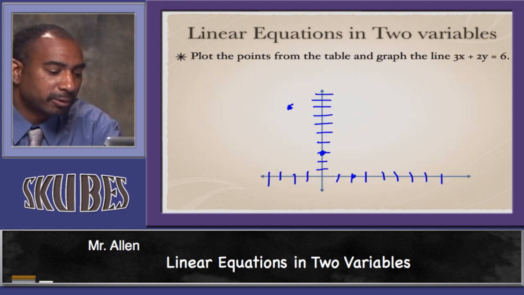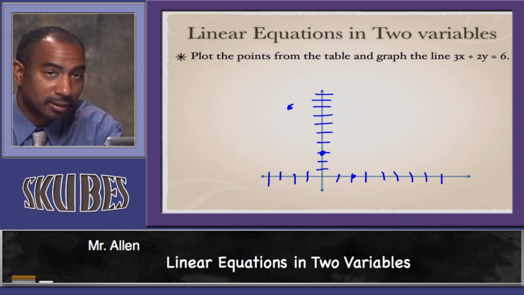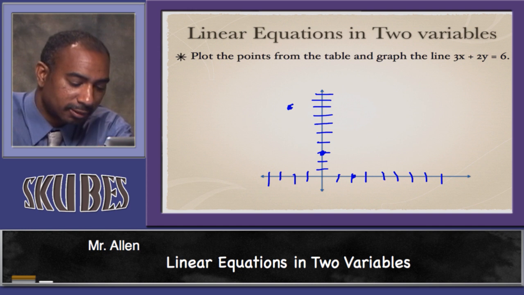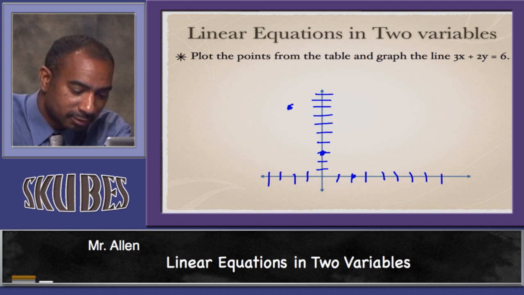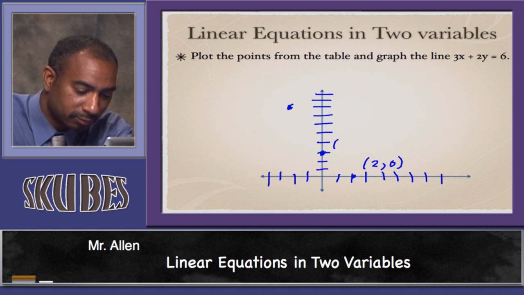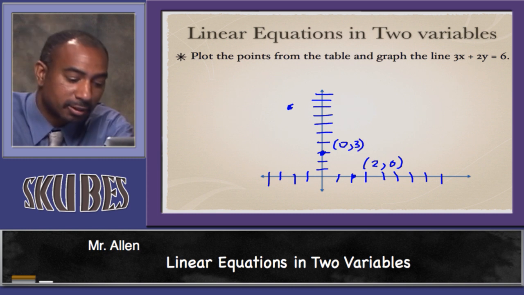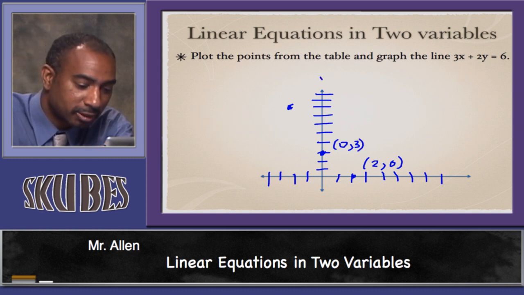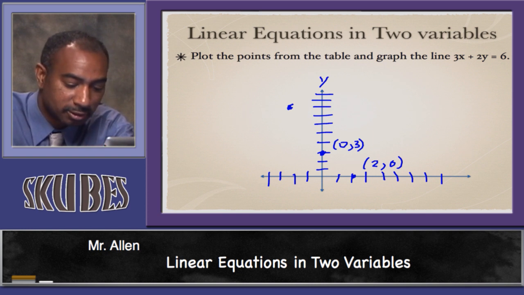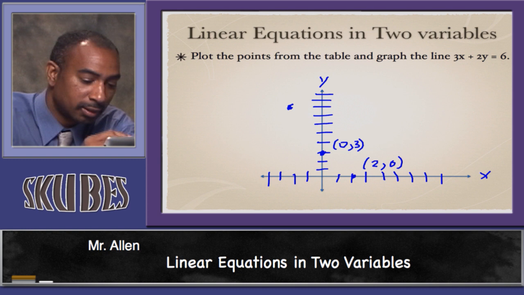All right, so we're going to plot the points on the table and graph the line 3x plus 2y equals 6. And notice this point here is (2, 0). And this point from the chart was (0, 3). These are called intercepts. This is the y-intercept because it crosses through the y-axis, and this is called the x-intercept because it crosses through the x-axis.